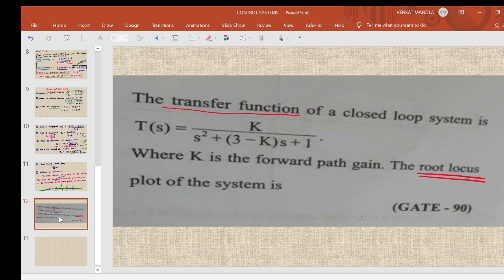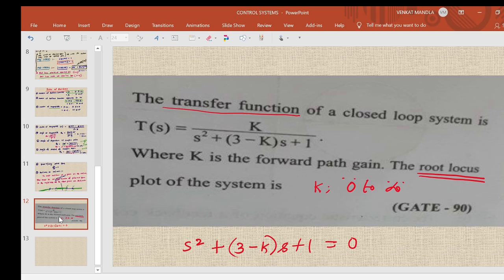Root locus means what we have to do. This k is varied from 0 to infinity. It is not complementary root locus, it is root locus only. So what is the characteristic equation he has given here? s square plus (3 minus k) into s plus 1 equal to 0.